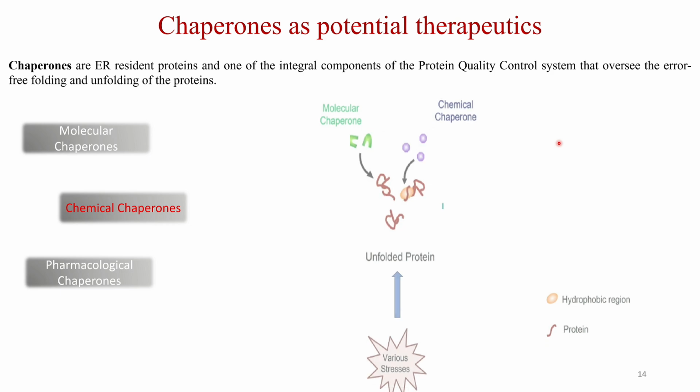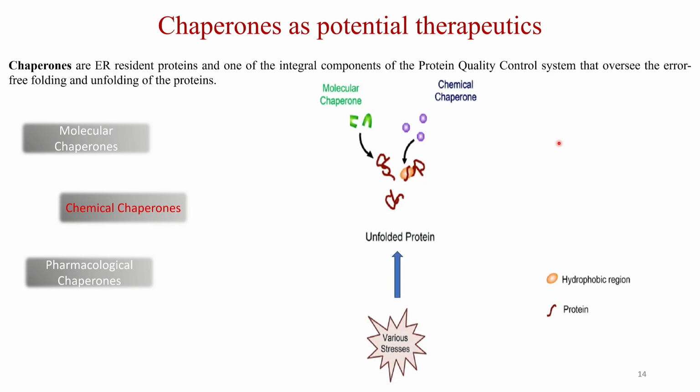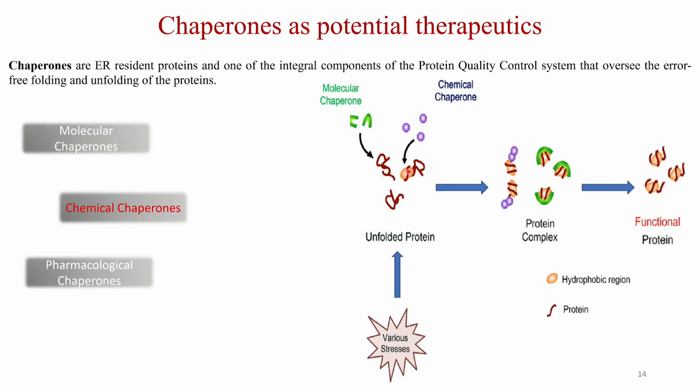Okay. So molecular chaperones are the chaperones which are natively present inside the endoplasmic reticulum, and how they work is, due to any stress condition when the proteins are unfolded or misfolded, these molecular chaperones come and bind to them, form a protein complex with them, and then turn them into their functional state.